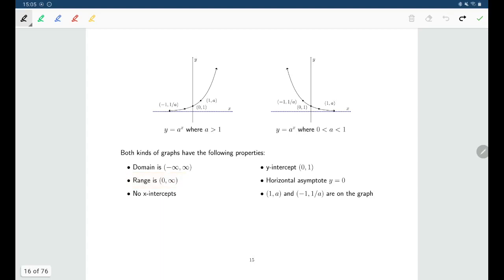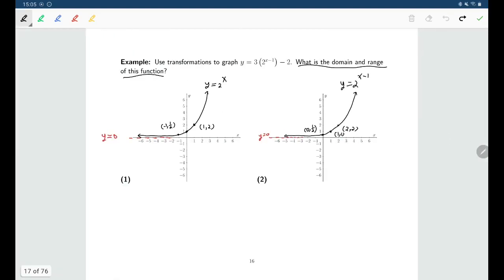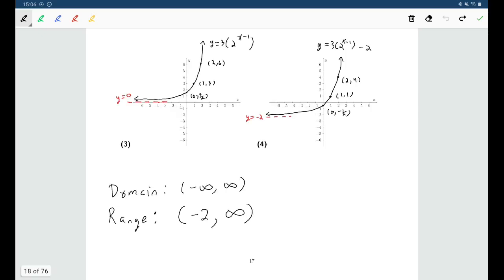So we know that our basic shape starts out with only positive y values. And we know that we were going to take this whole graph and shift it downward by 2, which meant that not only were we going to get y values that are larger than 0, actually we are now going to get y values that are larger than -2. So my domain, all real numbers, my range, things that are larger than -2.